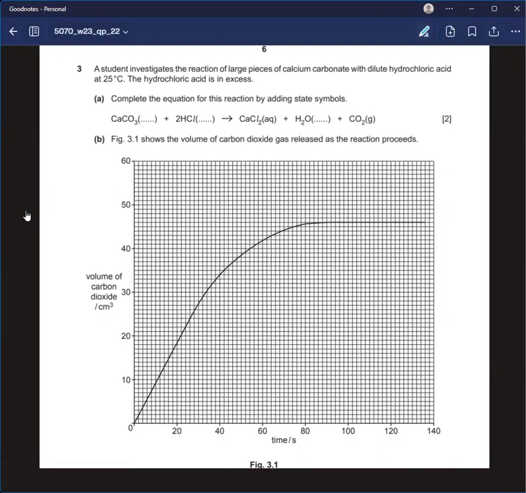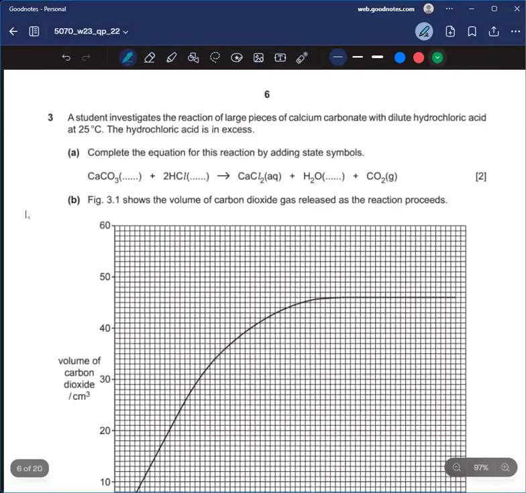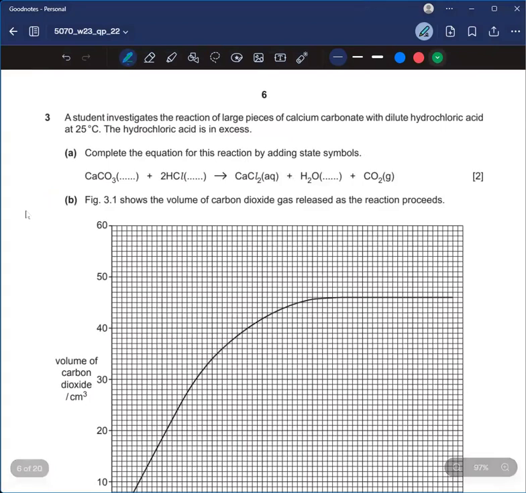It's a graph question. Okay, let me start it. A student investigates the reaction of large pieces of calcium carbonate with dilute HCl at 25 degrees Celsius. The hydrochloric acid is in excess. Let me highlight it.